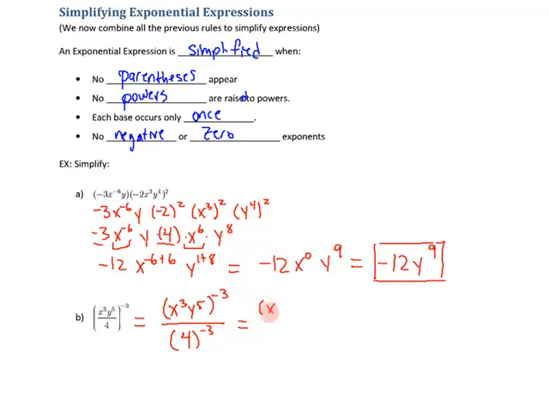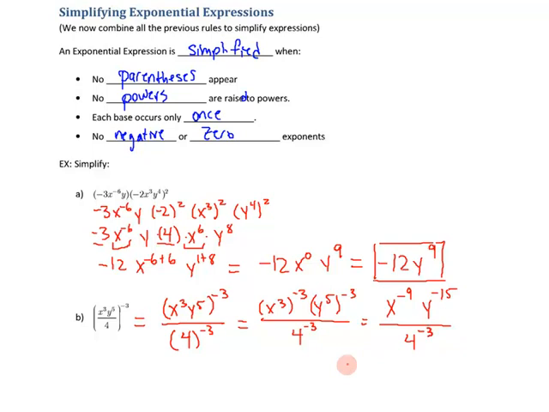Because this is a product now, I can actually raise each of these factors to the minus 3. And that's still 4 to the minus 3 in the denominator. So that's x to the minus 9, y to the minus 15 over 4 to the minus 3.